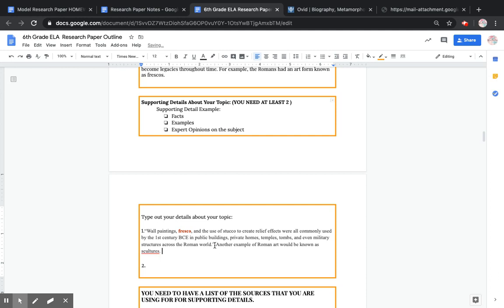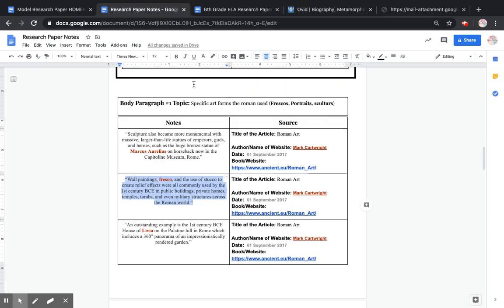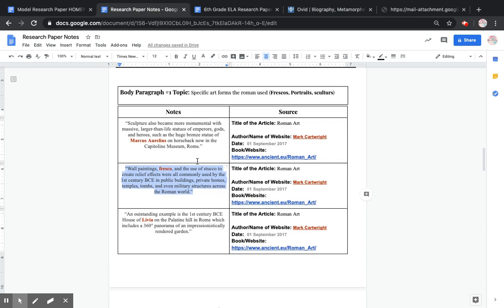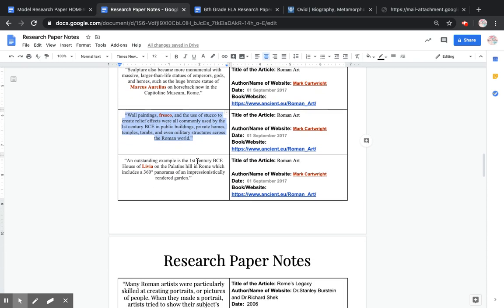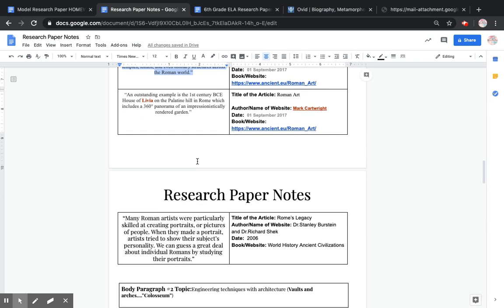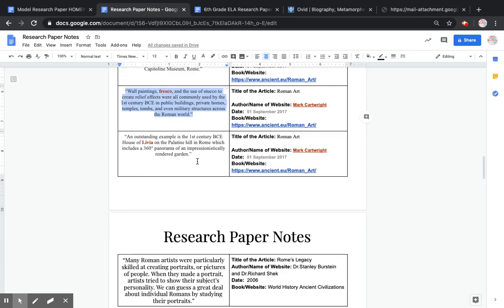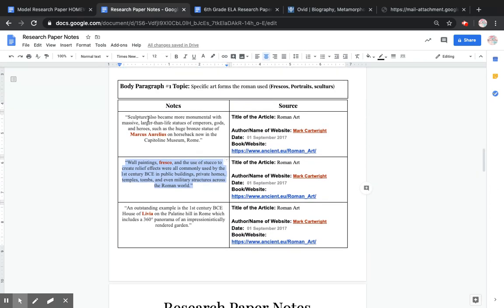So this is like my transitional sentence that goes into the next part of what I'm going to be writing about. So now I just have to go to my research notes paper and I'm going to look for stuff about sculptures. Oh, so sculptures also became more monumental with massive, large extemporaries. Okay, so what I'm thinking about is doing this one.